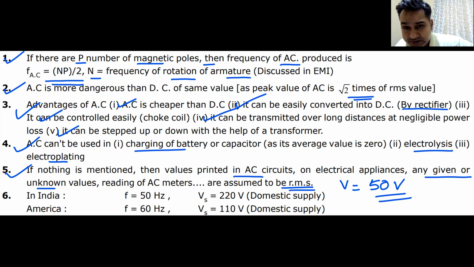Whenever we talk about AC, we always talk about RMS value. In India, the value of AC that we use is 220 volt. It is not the peak, the RMS value is 220 volt. Do we understand this? Yes, sir. Frequency is 50 hertz. In America, 60 hertz and 110 volts. I'll give you a minute to capture this entire thing in your head.